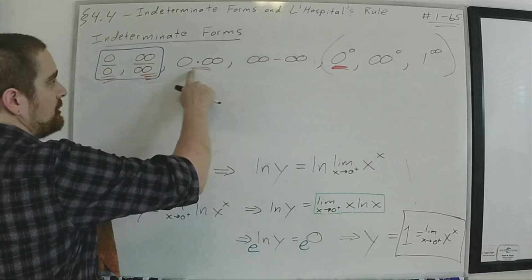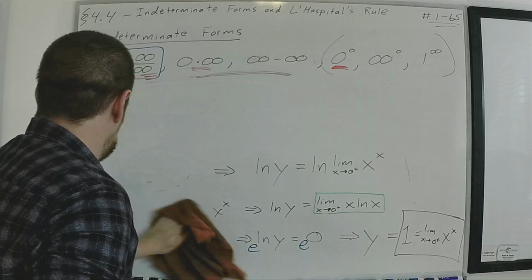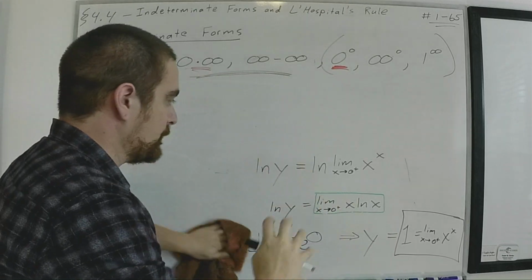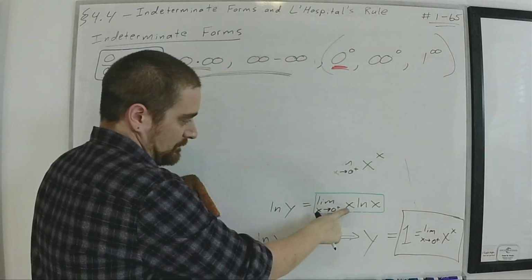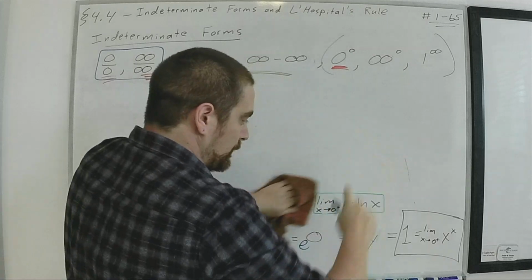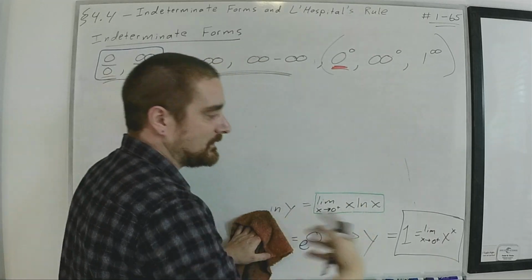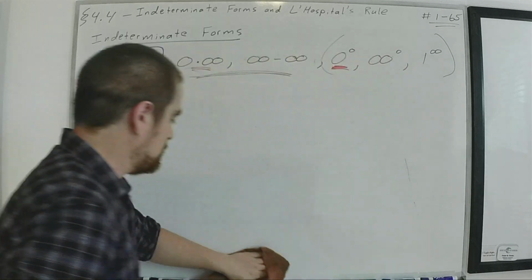And then for forms like this, for these 2 types of forms, very typically you want to just make a little rearrangement. Right? I rearranged what I had when I had something like 0 times negative infinity or 0 times infinity. I had to rearrange it. Instead of multiplying by x, I divided by 1 over x. Right? That's something that you have to do trial and error.